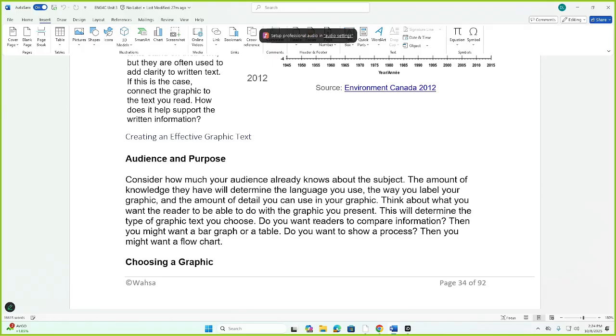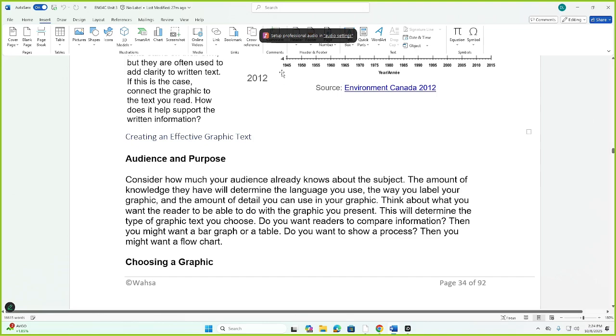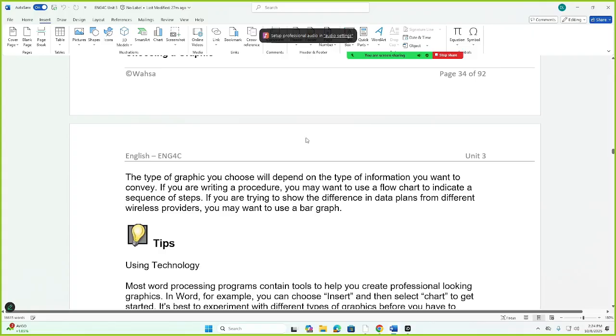Think about what you want the reader to be able to do with the graphic you present. This will determine the type of graphic text that you use. Do you want readers to compare information? Then you might want a bar graph or a table. Do you want to show process? Then you might use a flowchart.